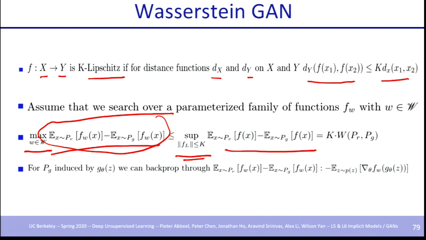And that supremum, if you have a Lipschitz constant of k, is just going to be k times the Earth mover distance. So the key idea is, even if this family is not as constrained to be Lipschitz functions, as long as it's somewhat approximately Lipschitz, you're optimizing some kind of a lower bound on your actual Earth mover distance.